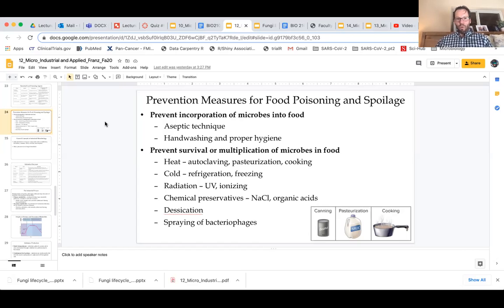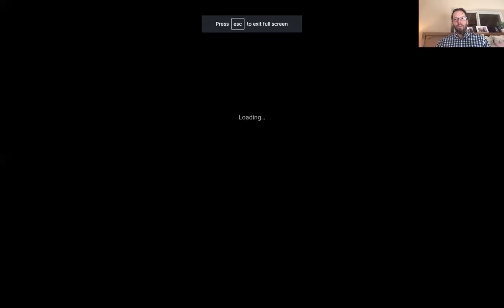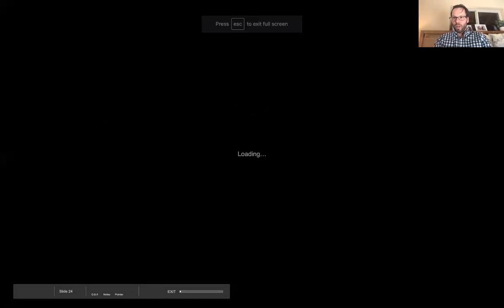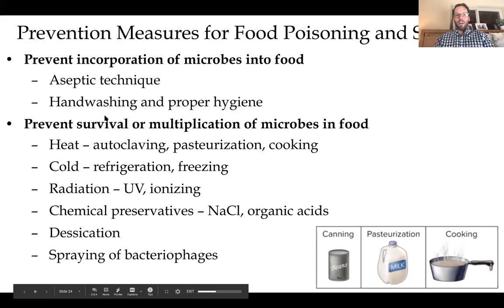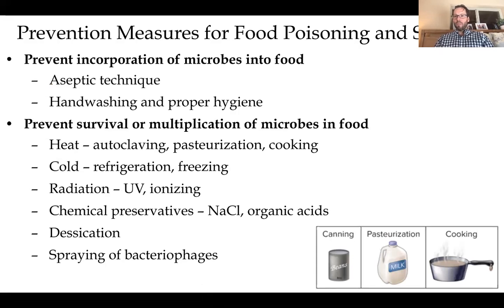And then we wrapped it up with talking about the different methods for preventing foodborne illness, which were things that we had already discussed in the previous chapter, the types of microbicides and microbiostatic techniques to keep germs at bay.